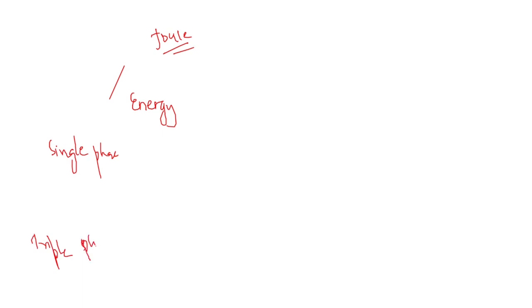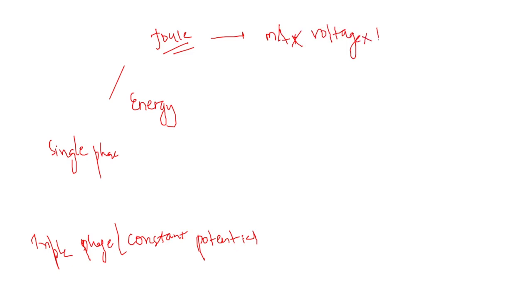So based on this joule, if you see the energy, again we can divide it into single phase and triple phase generators. First, triple phase generator or constant potential. Here, in constant potential, for joule we have milliampere into voltage into exposure time.